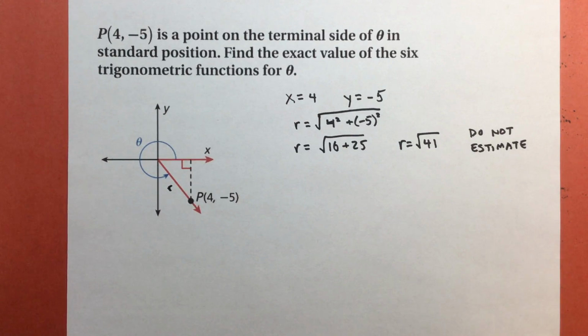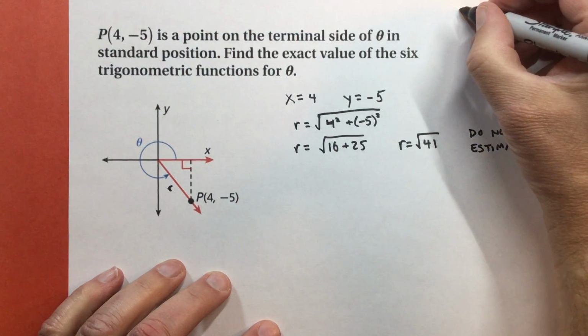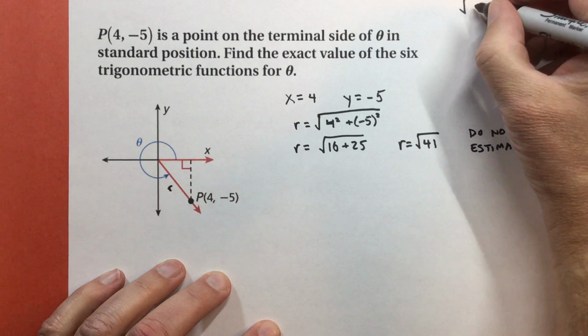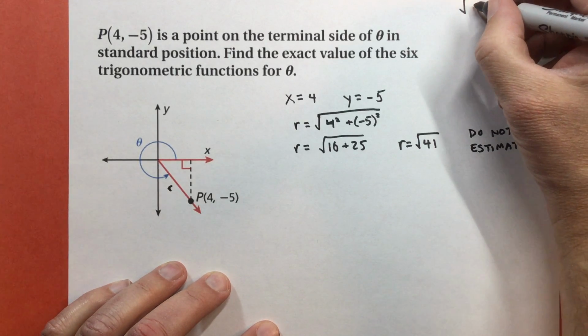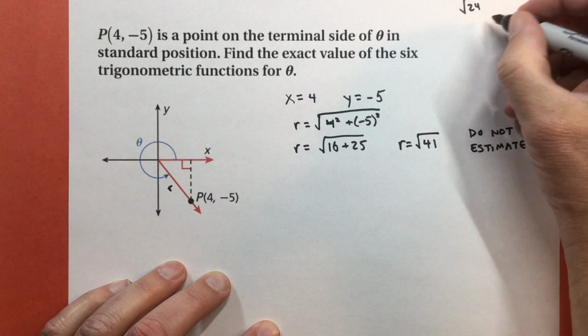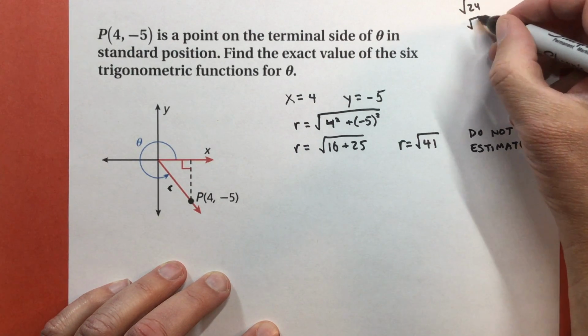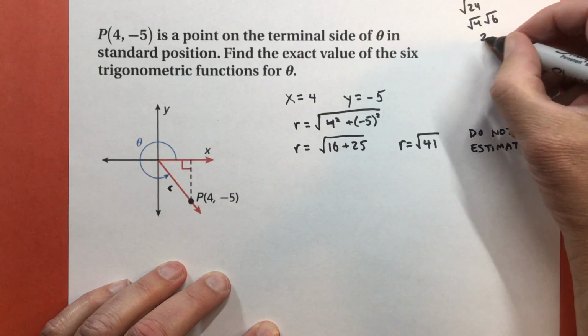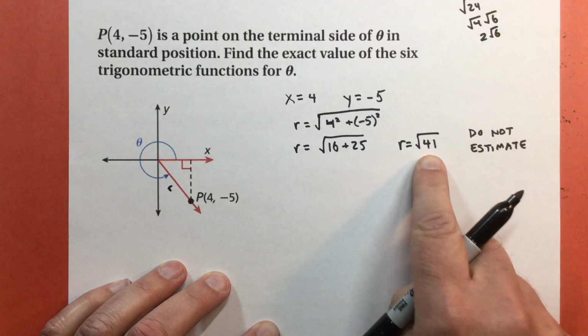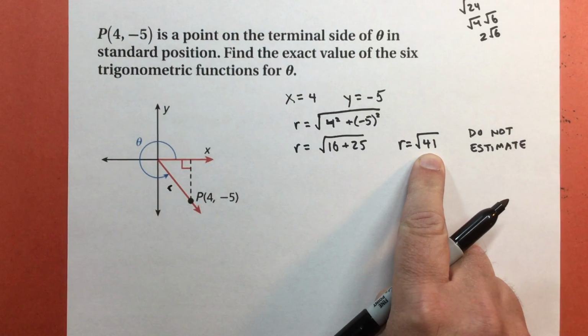What I mean by simplified, for example, if I had gotten the square root of, say, 24, I know that that's 4 times 6, so that would have been the square root of 4 times the square root of 6, or 2 times the square root of 6. With 41, I should check to see if I can simplify it.